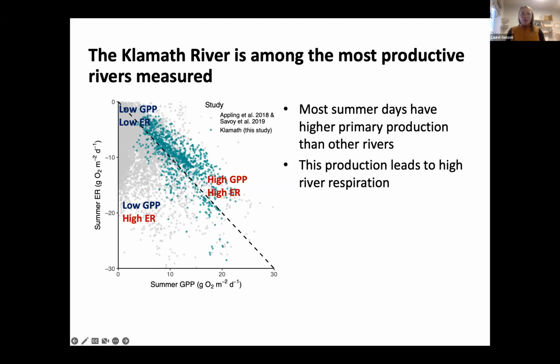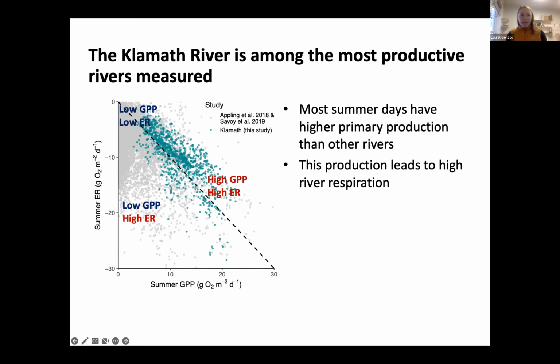In terms of how the Klamath compares to other rivers, the Klamath is among some of the most productive streams measured in the United States. This graph is showing daily rates of primary productivity on the x-axis, with the blue dots showing summer days at Seiad Valley, and the gray dots in the background are daily data from other rivers throughout the United States.